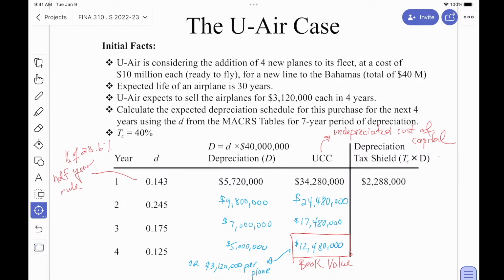Does that number look familiar? That number is precisely the amount that we estimate we can sell the planes for.